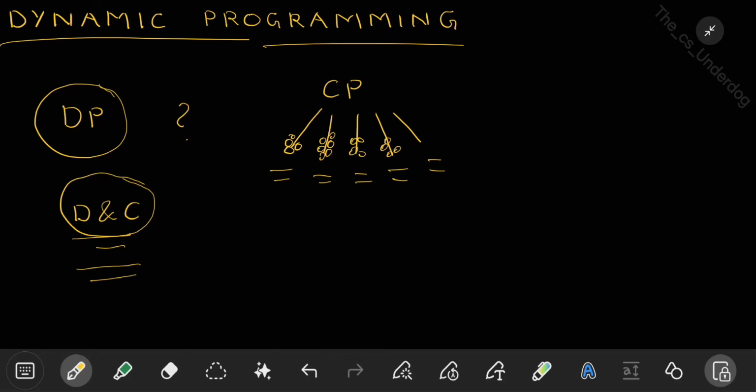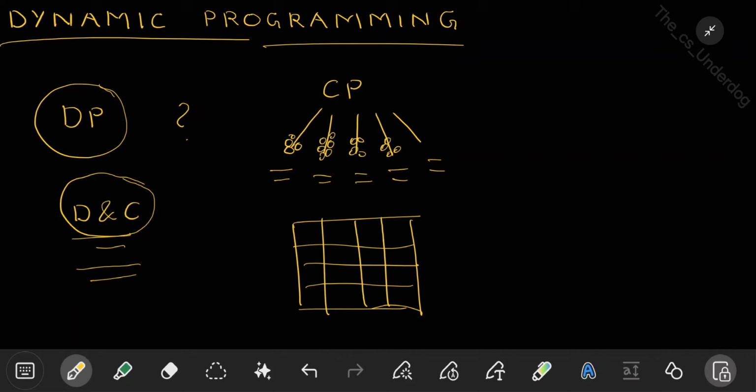In order to tackle this, what will you do in dynamic programming? You will store all these computations. That is, whenever you solve a smaller problem, you will always store the result in a table. How is this helpful? Whenever you have to make the call to the same function using the same input values, you know this is already computed.